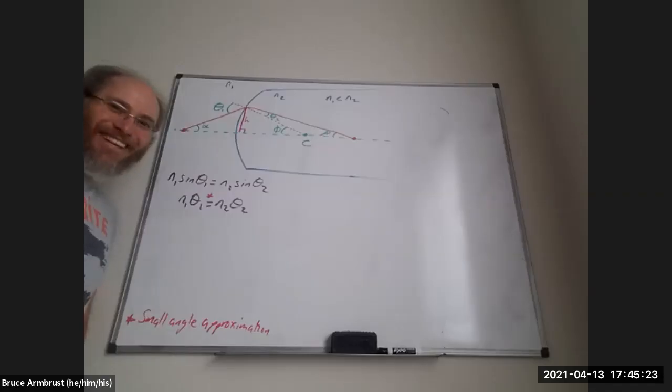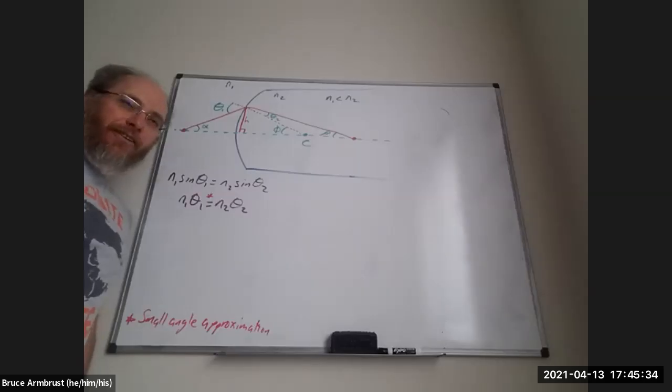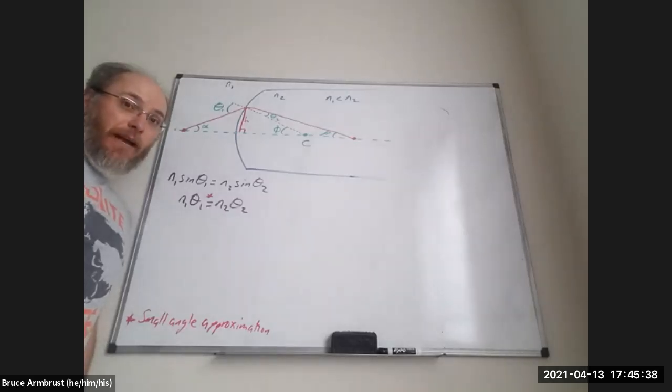How small of angles generally do we need? Small. Okay, no, I know what you mean. That's a hard question to answer because it depends how close you want to be to your actual value.